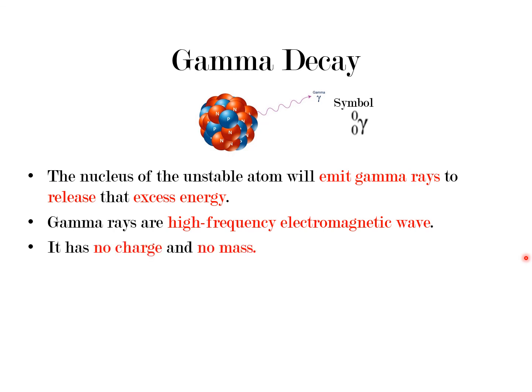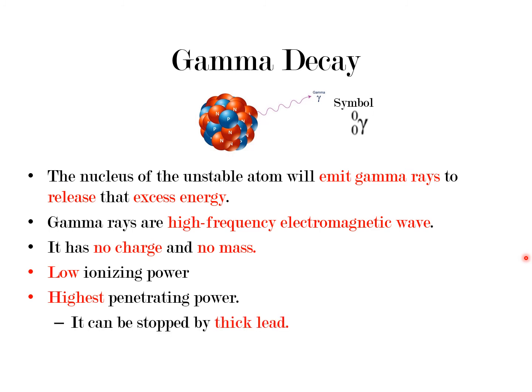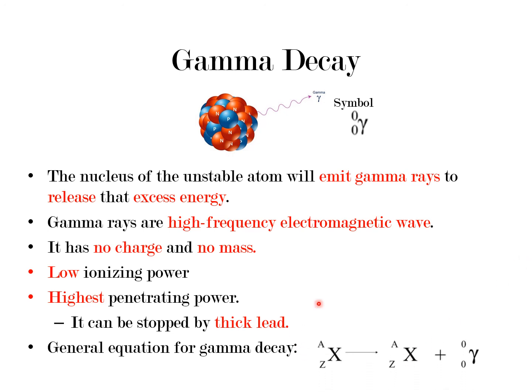The mass number and the atomic number of the daughter nuclide do not change. Gamma rays also have low ionizing power but the highest penetrating power, so they can be stopped only by thick lead. The general equation for gamma decay is here.